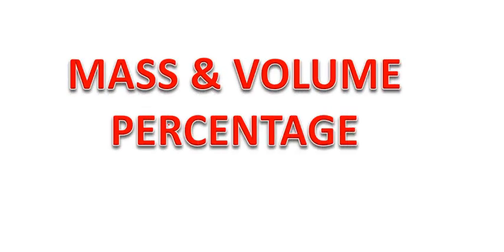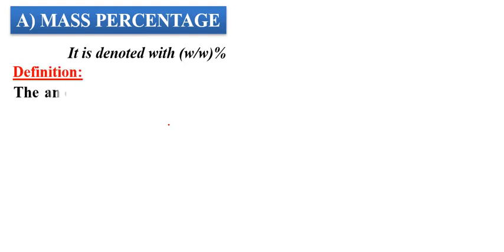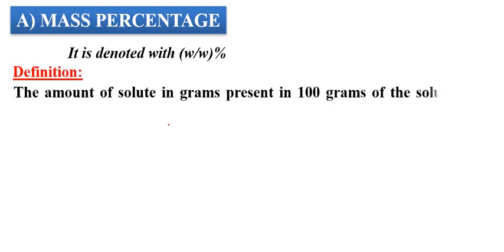The first one is mass and volume percentage. In that, we are going to discuss mass percentage now. It is denoted by W/W percentage. Definition: the amount of solute in grams present in 100 grams of solution is called mass percentage.